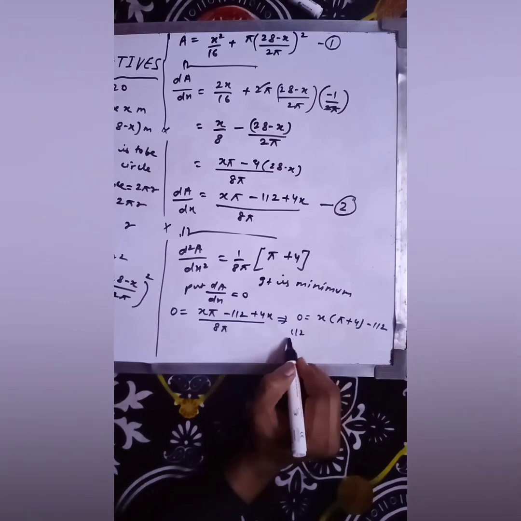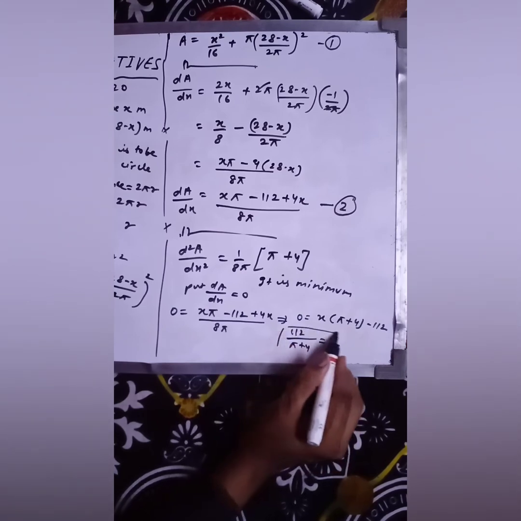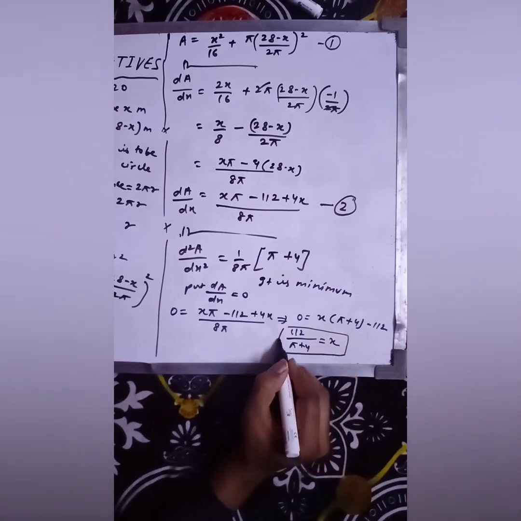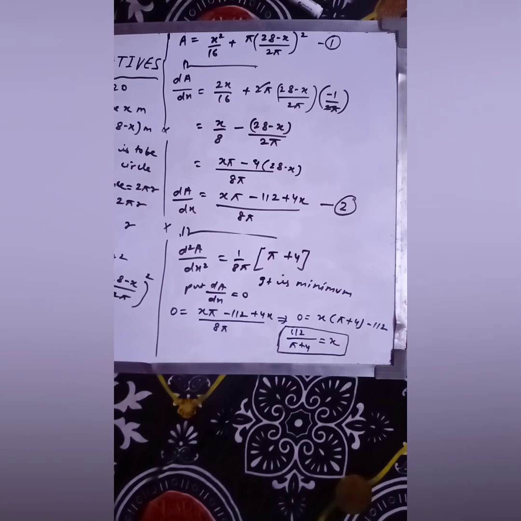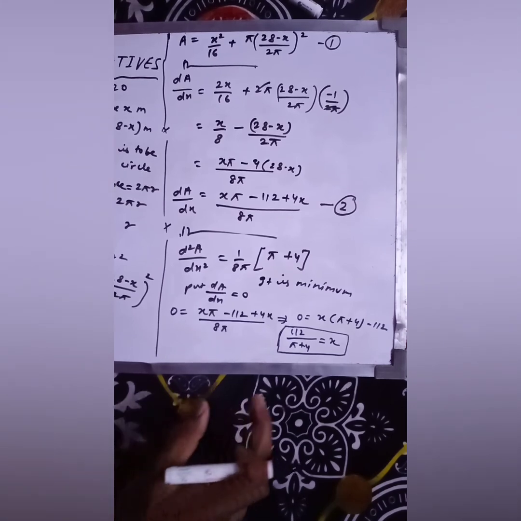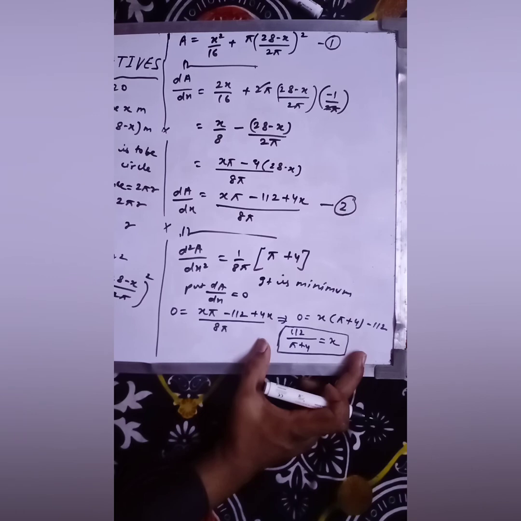So 112 will come here over pi plus 4. This is the value of x. Fine. This is the required value of x. So x was the length of the first piece, that is the square. So this is the length of the first piece.